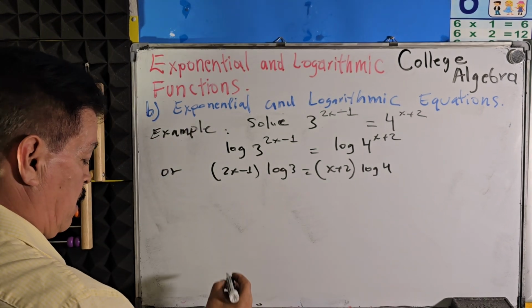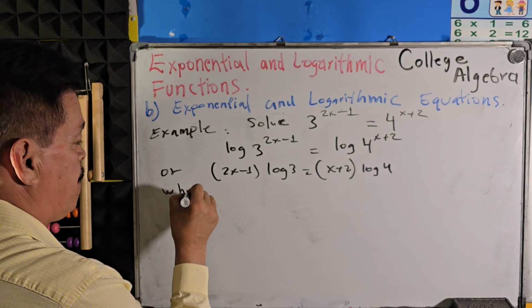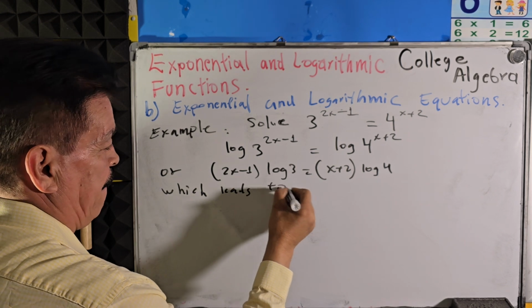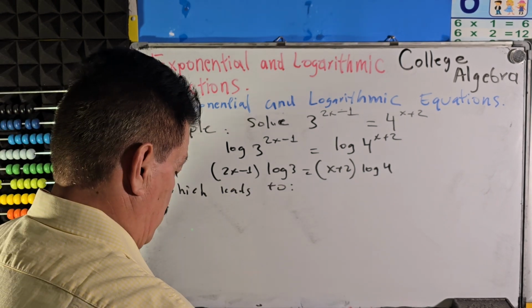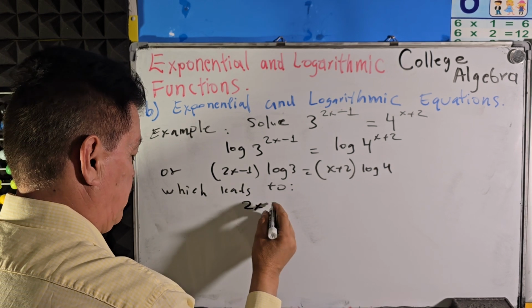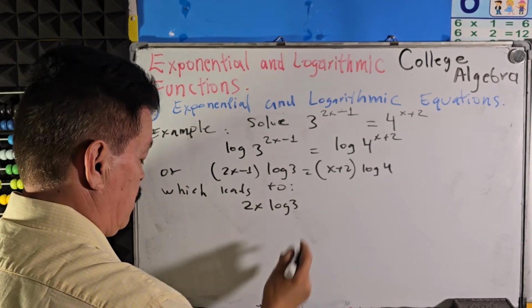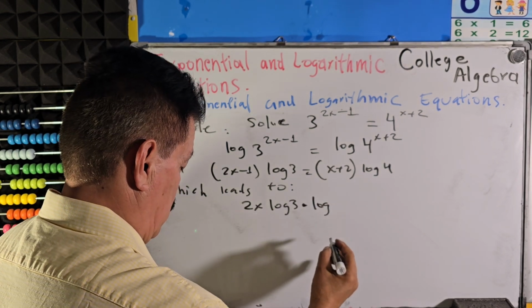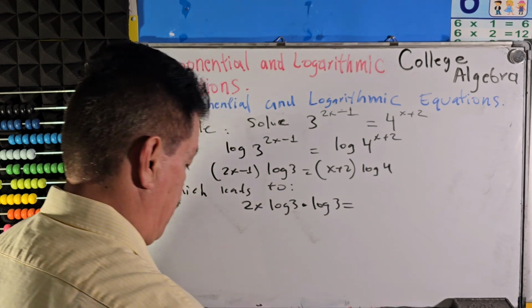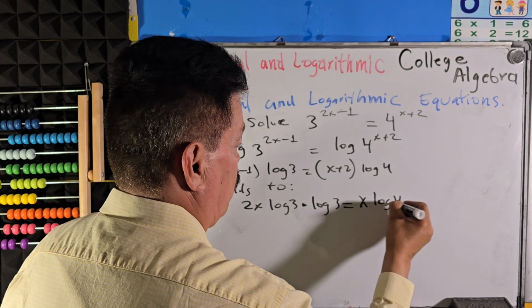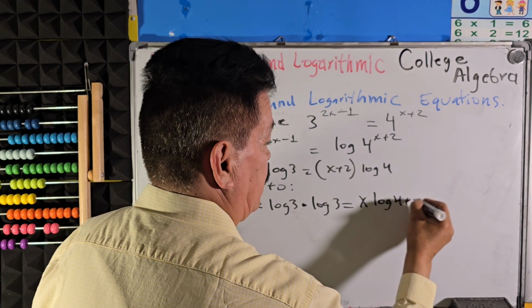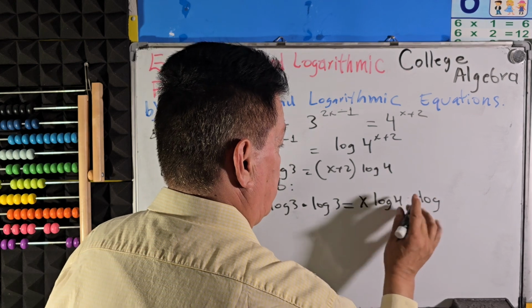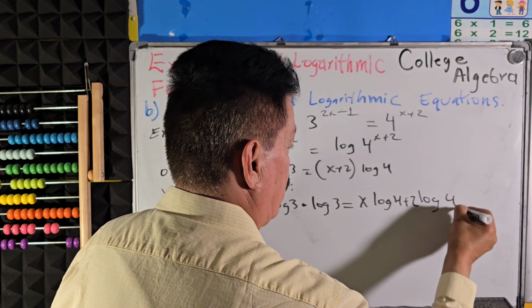So here we move it here, 2x log 3 minus log 3 equals x log 4 plus 2 log 4.